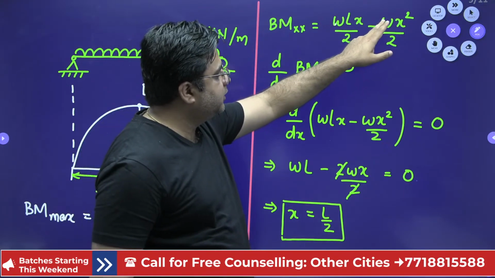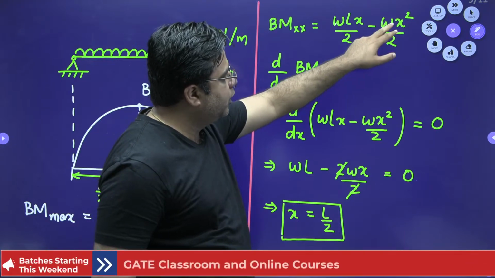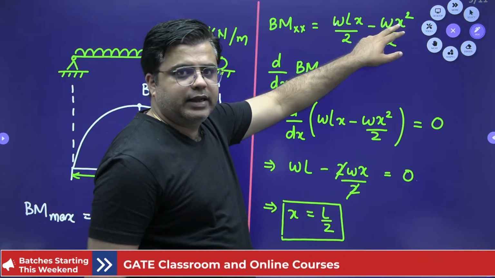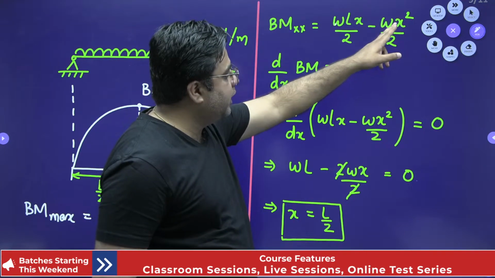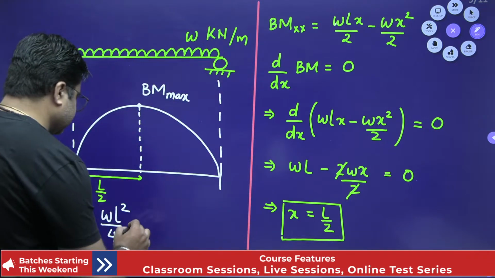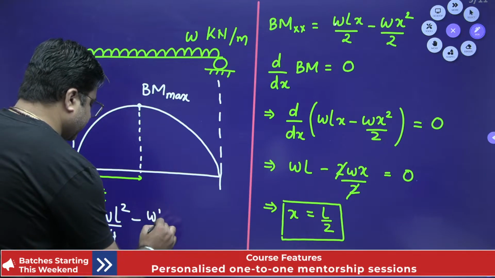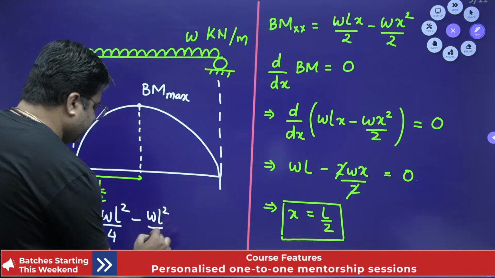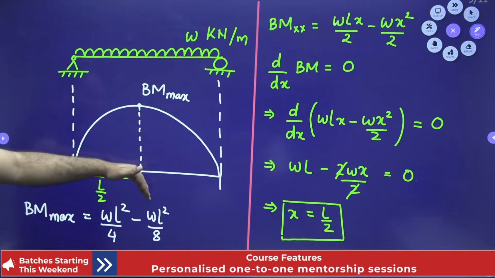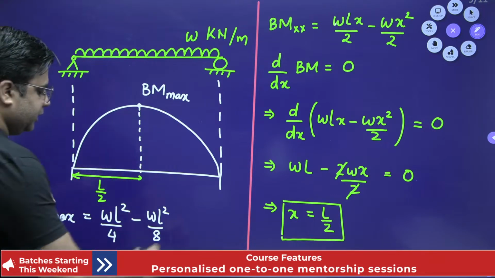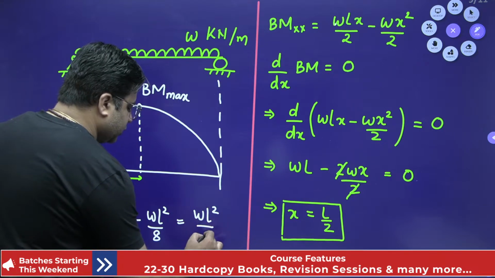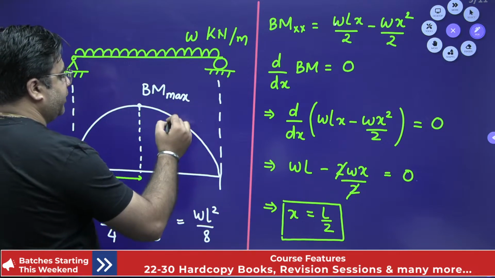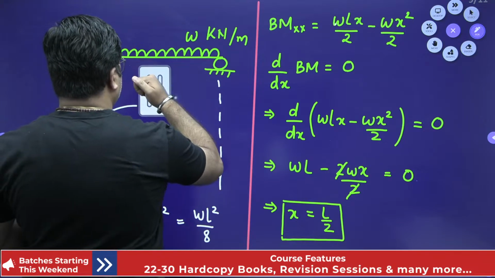Next one is minus W by 2 into X square, and X square is L square by 4, so this will be WL square by 8. So minus WL square by 8. When you do the quick maths, WL square by 4 minus WL square by 8 will be WL square by 8. So the value of maximum bending moment is WL square by 8.